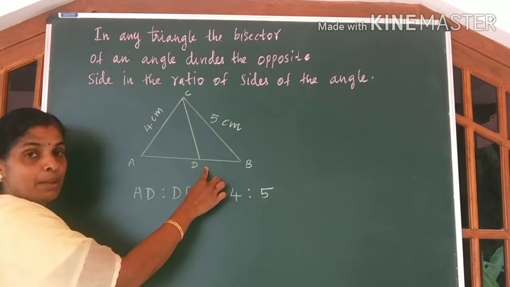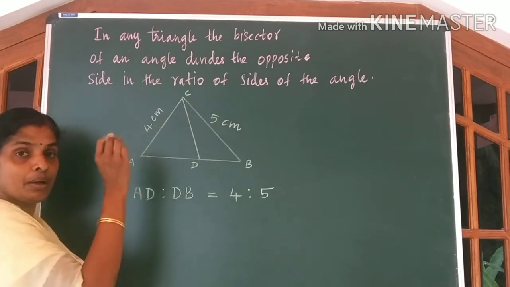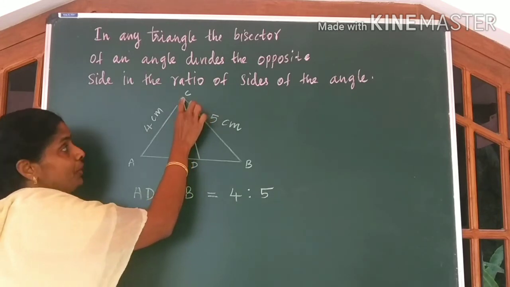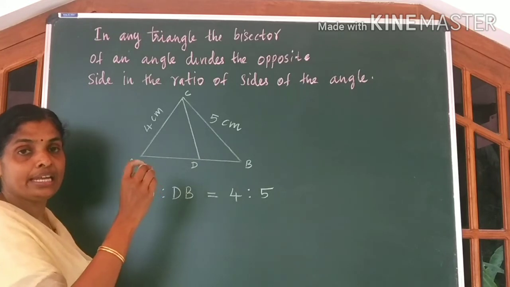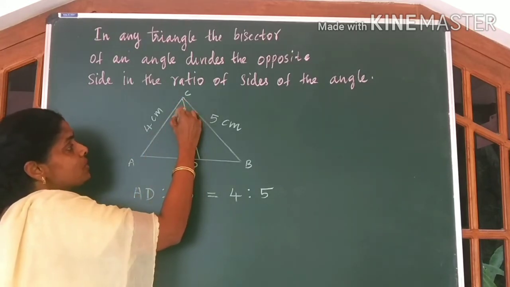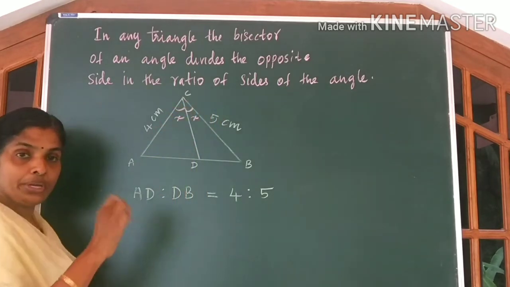We are talking about the bisector of an angle, this line. CD is the bisector of angle C. You know, the bisector of an angle divides the angle into 2 equal parts, so I can mark these two angles as X and X. What am I going to prove?